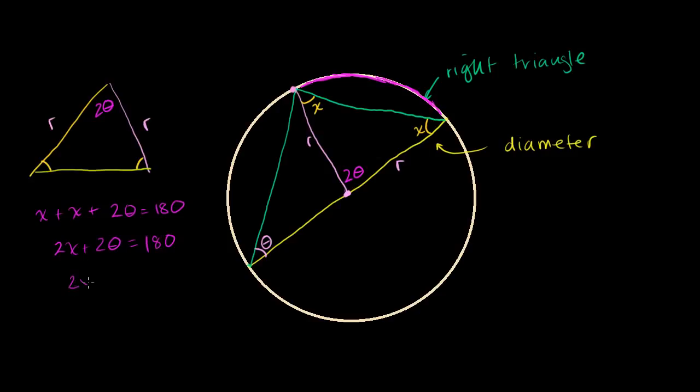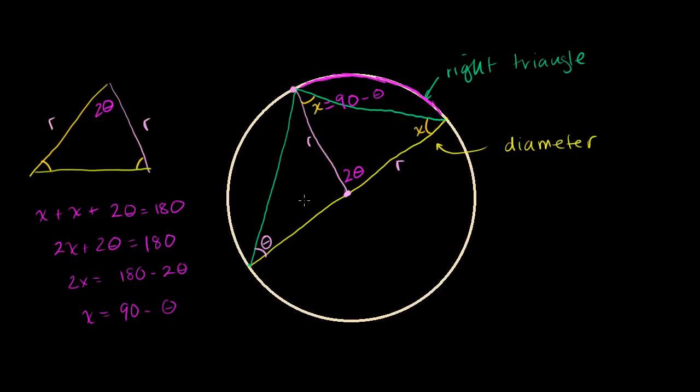Or we get 2x is equal to 180 minus 2 theta. Divide both sides by 2, you get x is equal to 90 minus theta. Now let's see what else we could do with this.